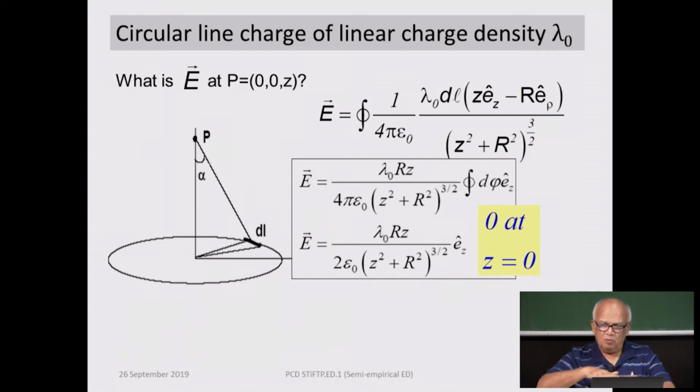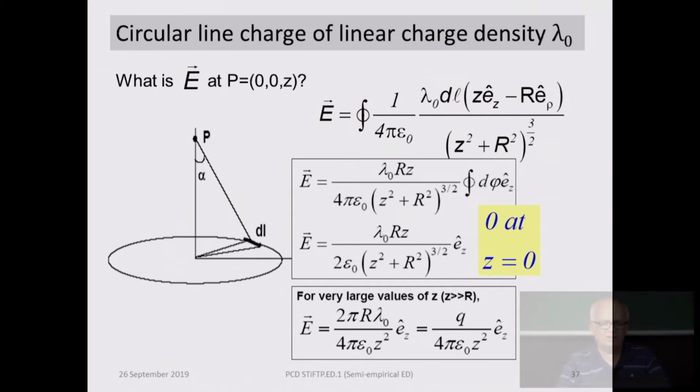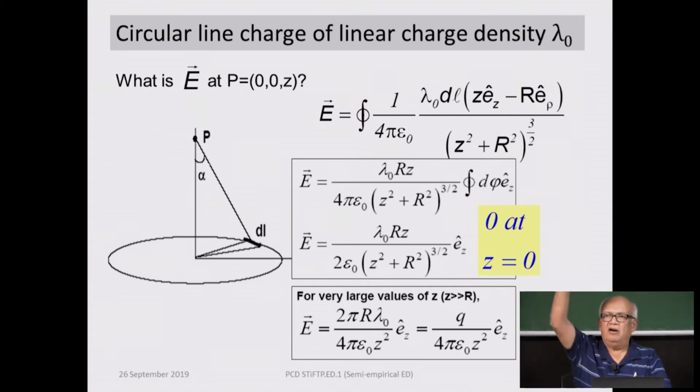But then as you move away from the surface, then it will have a component which is orthogonal to the plane of the charge circle itself. Okay? And then you can determine limiting values, what happens if you go sufficiently far from where the circular charge is placed.